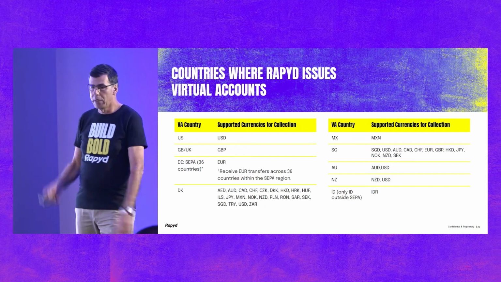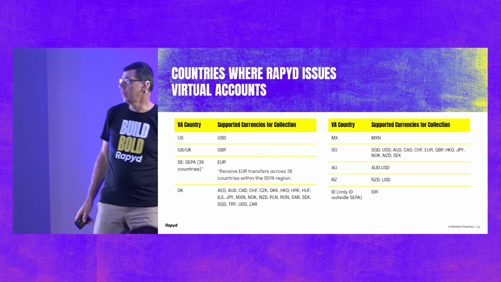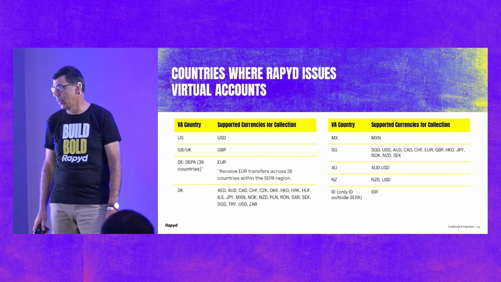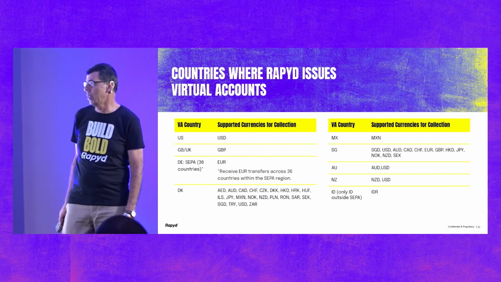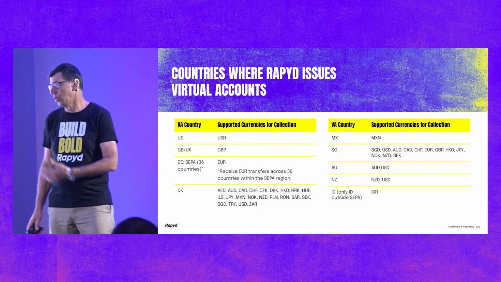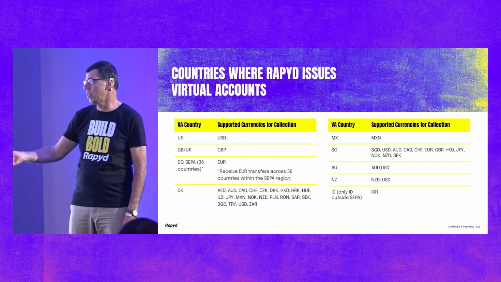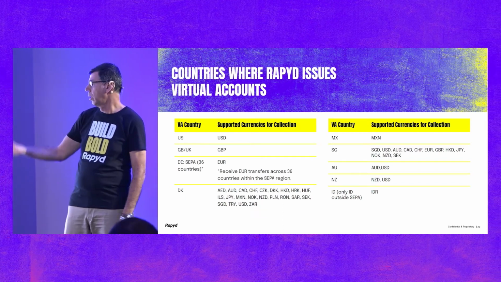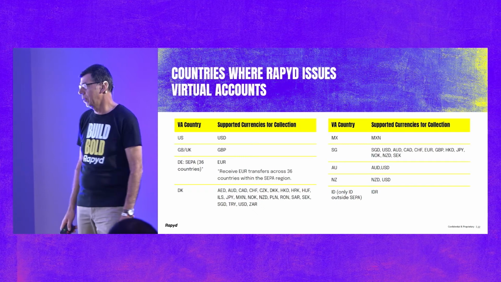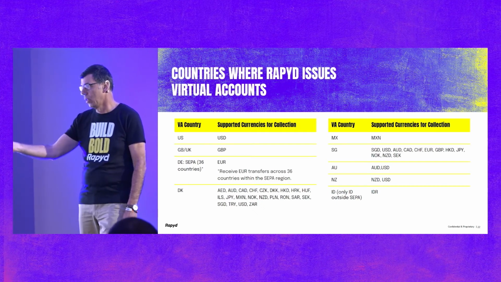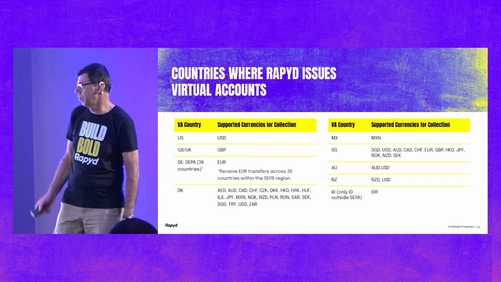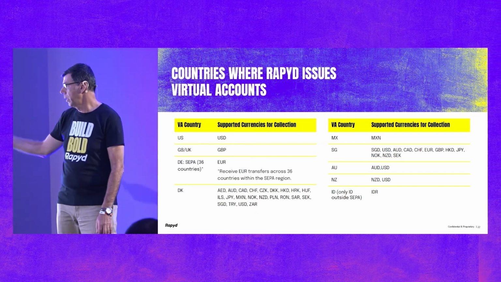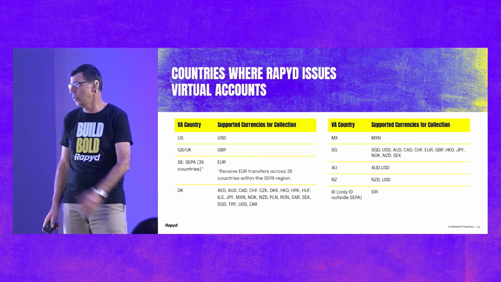In terms of the countries where we currently operate the virtual accounts and the currencies, as you can see, we have a pretty nice global coverage in terms of countries across the different regions. Also across the different currencies, some offer a very large number of currencies. Some are limited to local currency and US dollars.